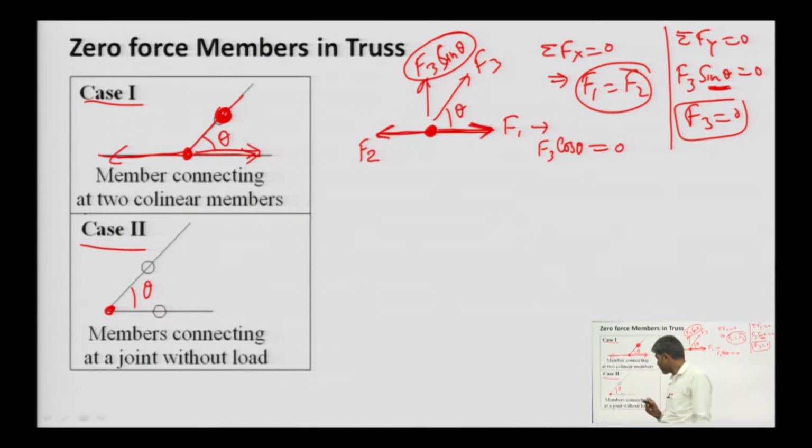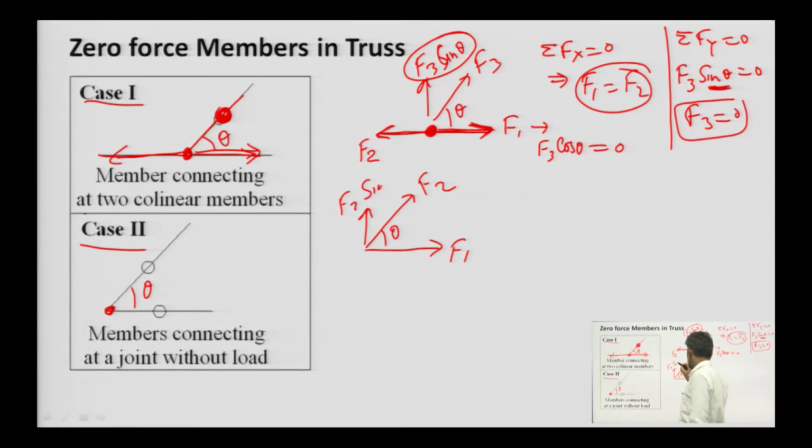force. How? See here, say F1 force is this, say F2 force is this, right. Resolve, say this angle is theta. So, resolve this force F2 sin theta, okay, and F2 cos theta.